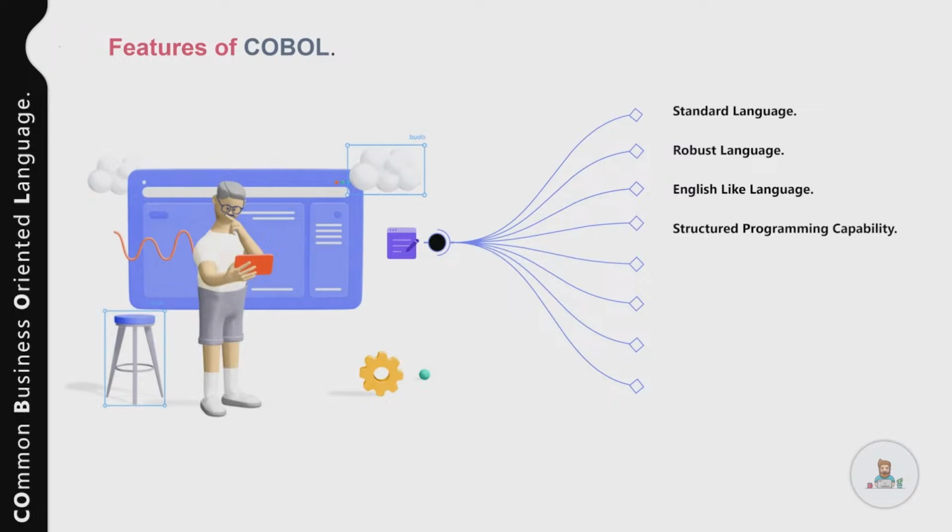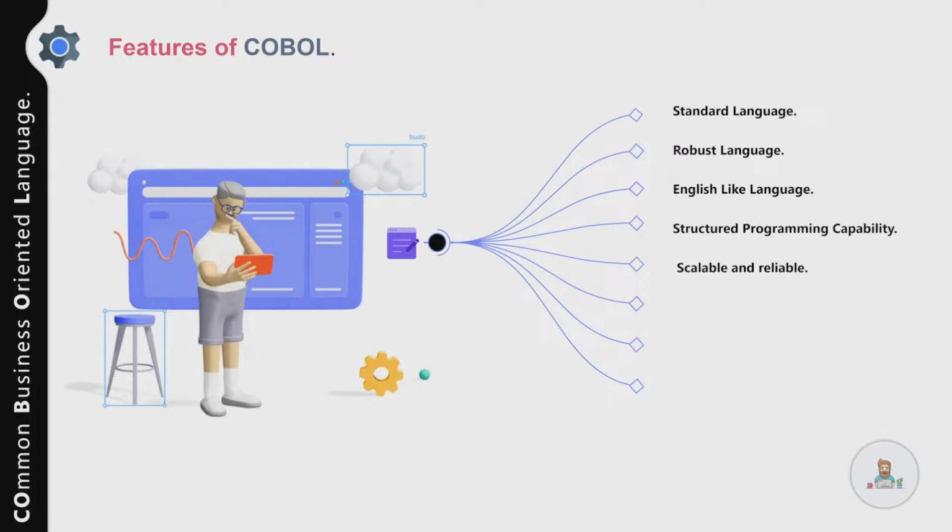Now the next one is structured programming capability. The term structured programming refers to a collection of techniques that help a programmer to develop structured programs. As you know, a COBOL program is divided into different divisions and each division has its own significance. For example, if you want to include your business logic, you generally use the procedure division, and in the procedure division, the business logic can be divided into paragraphs or sections.